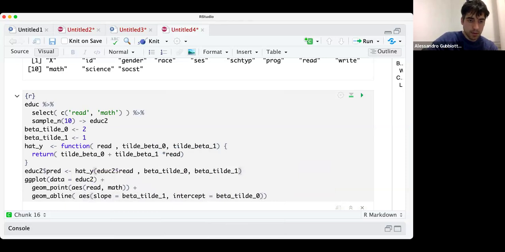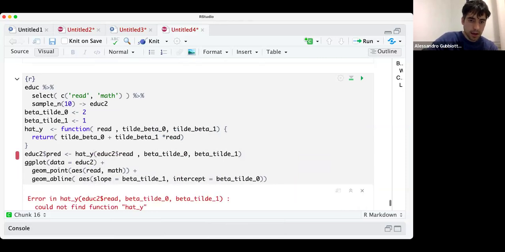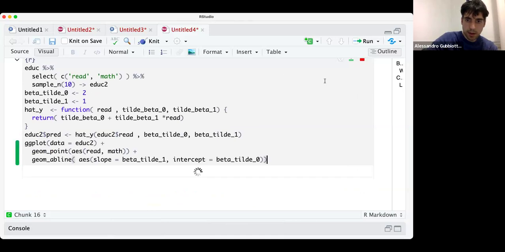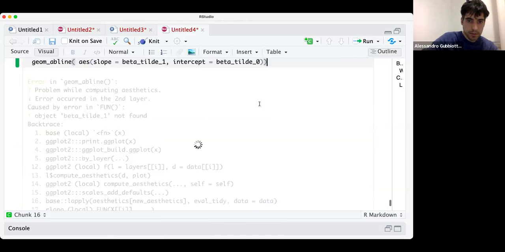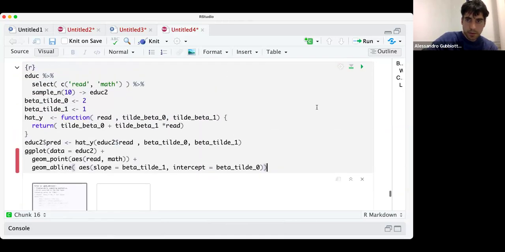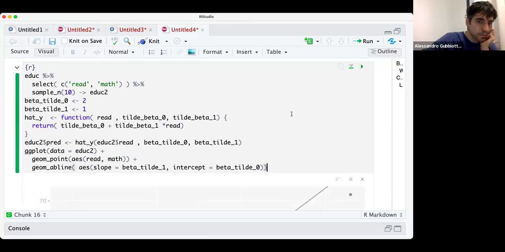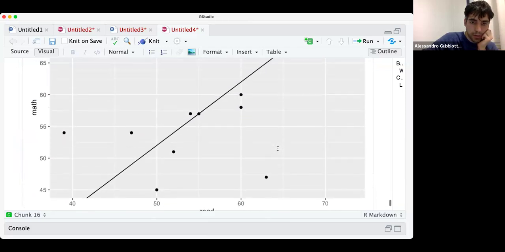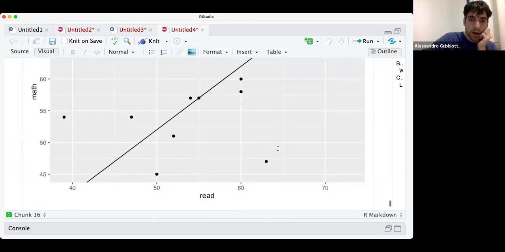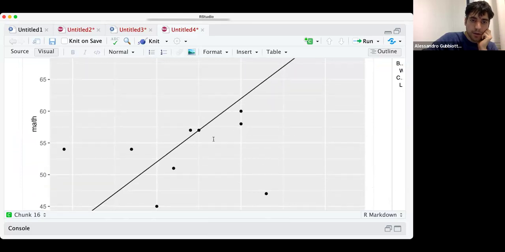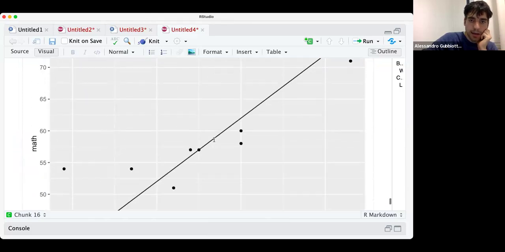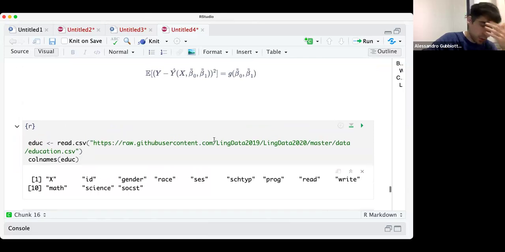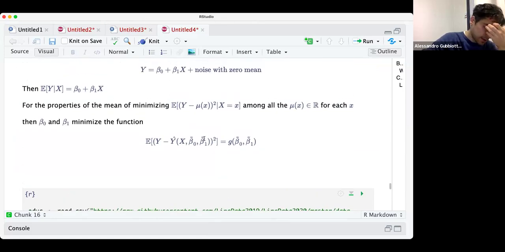So let's see what's wrong with this code. Okay, I have to run everything. Incredibly, this chunk of code is correct, and I gave some random numbers.